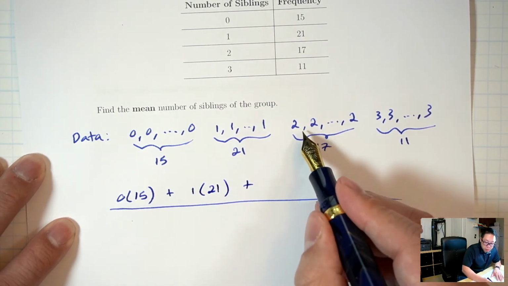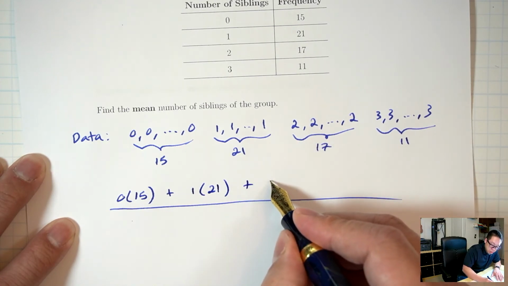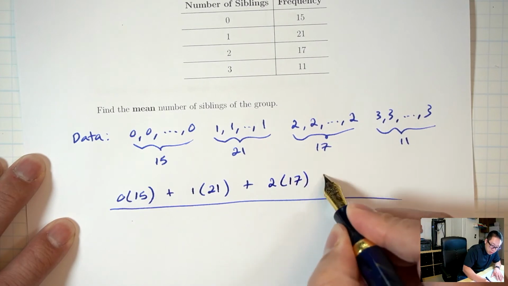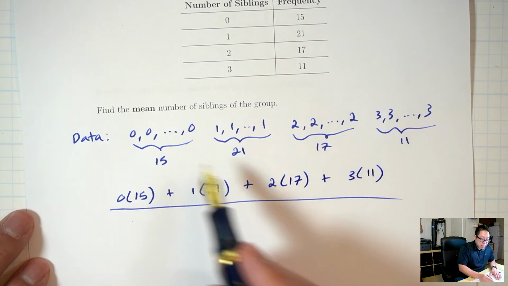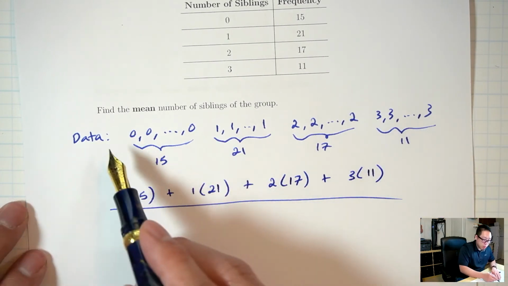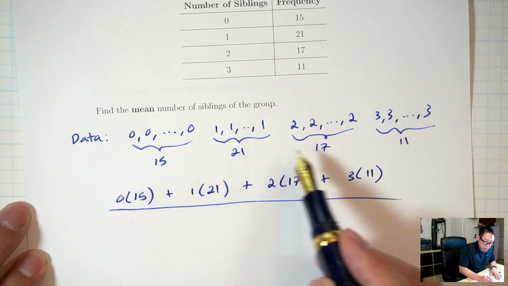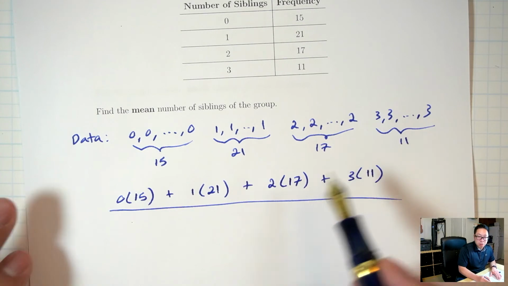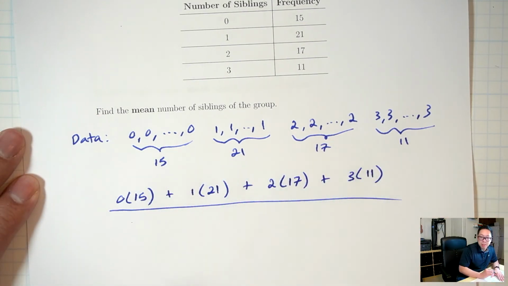You could go 2 plus 2 plus 2, 17 times, or you could just do 2 times 17, and then 3 times 11. Okay, that's adding up all these original data values, and then you're going to divide by however many data values you have. So there's 15 of these, 21 of these, 17 of these, and 11 of these. So in total, you have 15 plus 21 plus 17 plus 11 data values.